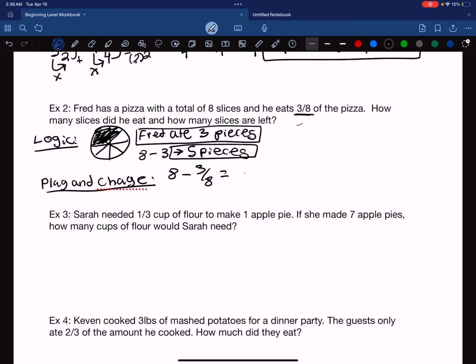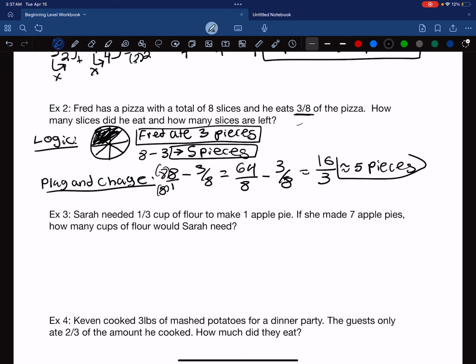So when you do this, you want to find a common denominator, and we're going to put this 8 over 1 and then multiply the 8. So you get 8 times 8, which is 64, over 8 minus 3/8, which is 16/3, which doesn't divide evenly. But if you do 16 divided by 3 in your calculator, you'll get approximately 5 pieces. So that's also another way.